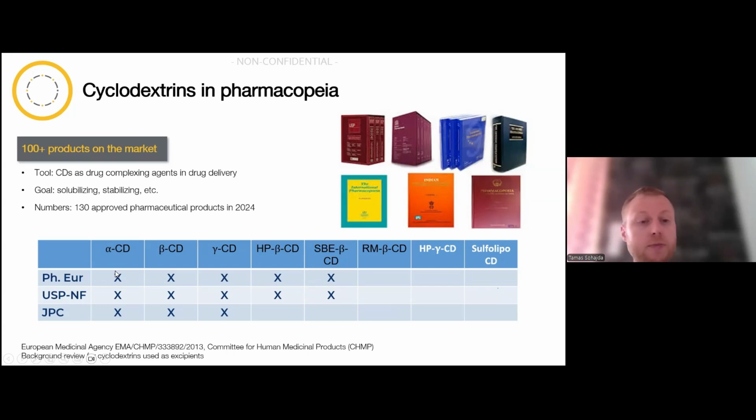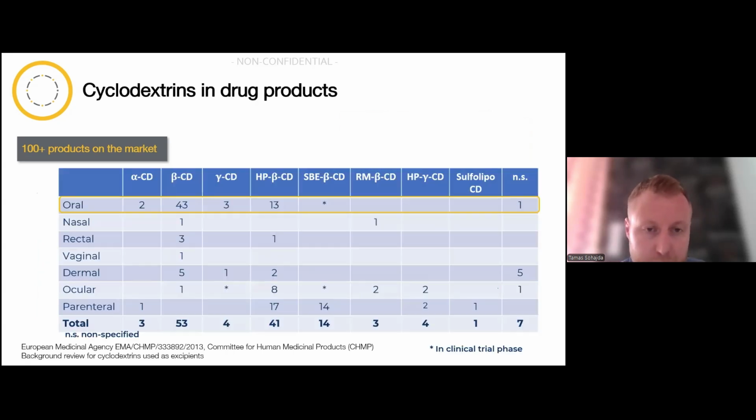As you can see, these would be the native cyclodextrins, alpha, beta, and gamma, the hydroxypropyl beta, and the sulfobutyl beta. Two additional cyclodextrins which are approved in pharmaceutical formulations, the methylated beta and the hydroxypropyl gamma, are not represented in any pharmacopoeias, nor are they approved for oral formulations, so these will not be discussed today.